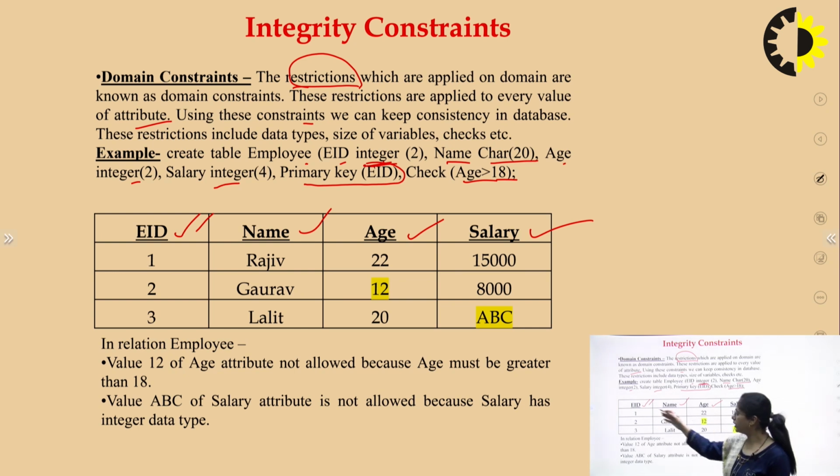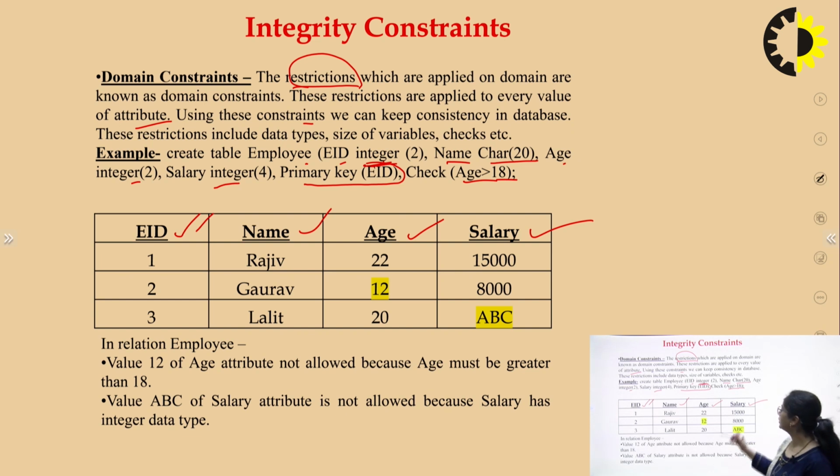Now what happened in this employee table? All the values given in this table should fit the domain constraints. Let's see. Here employee ID is an integer. Name is Rajiv, Gaurav, Lalit.